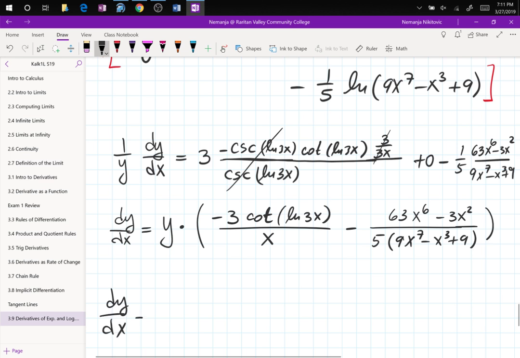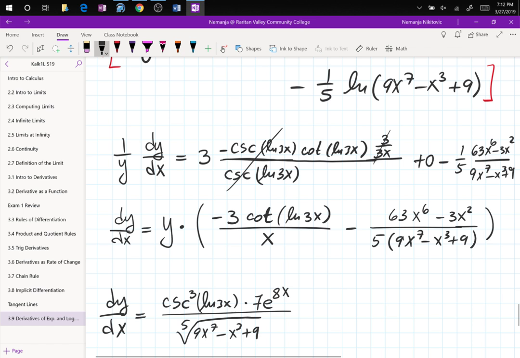So dy dx is equal to, y is the original function you gave me. Cosecant cubed of ln 3x times something. 7e to the 8x, thank you. Divided by, it was not a cosine, it was a fifth root, thank you, of 9x to the 7 minus x cubed plus 9.